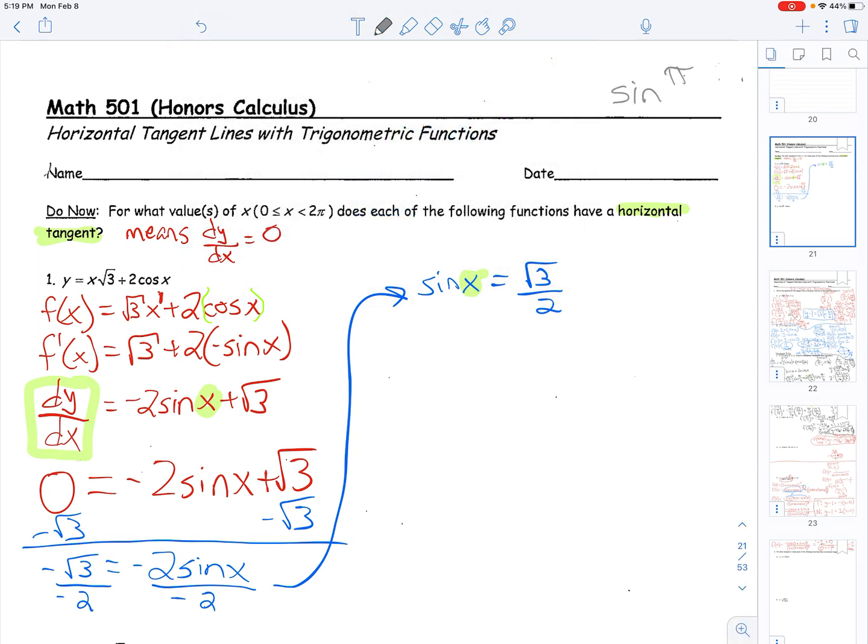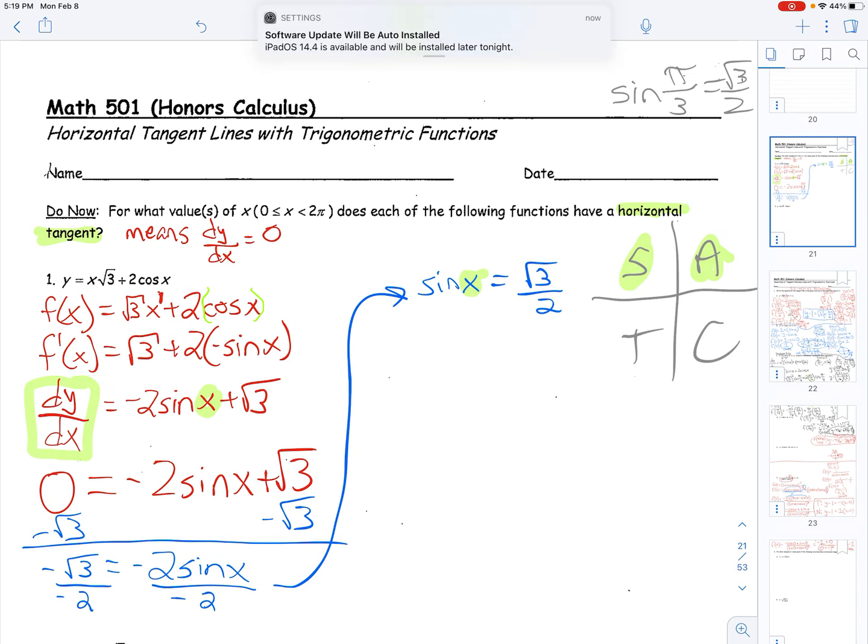Let me write this down here just as a little side note for us. The sine of pi over 3 is radical 3 over 2. All right. So what else do we need to remember here?